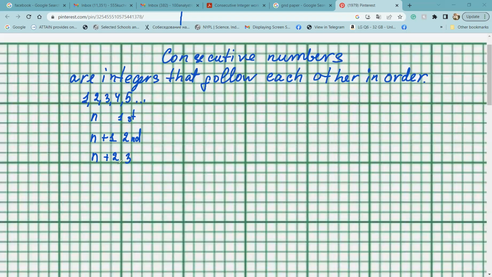Odd consecutive integers are odd integers that follow each other. They have a difference of 2 between every two numbers. Let's write down odd consecutive integers.